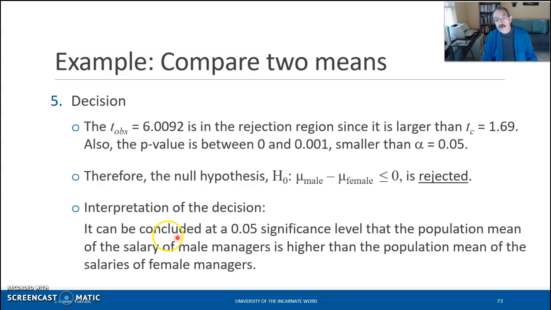So we can conclude that at the 0.05 significance level, the population mean of the salary of male managers is higher than the population mean of the salaries of female managers, because we're rejecting the null hypothesis, saying that this difference is bigger than 0, implying that the mean of the males is larger than the mean of the females. All right, so this is what we can conclude from the hypothesis test.